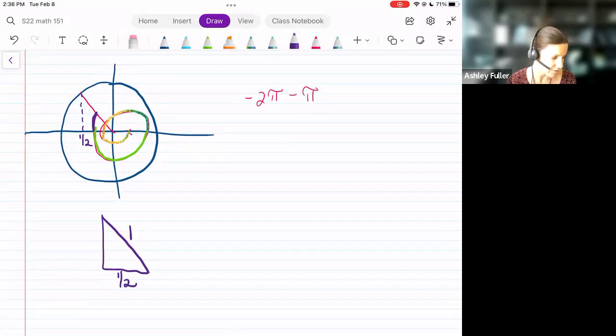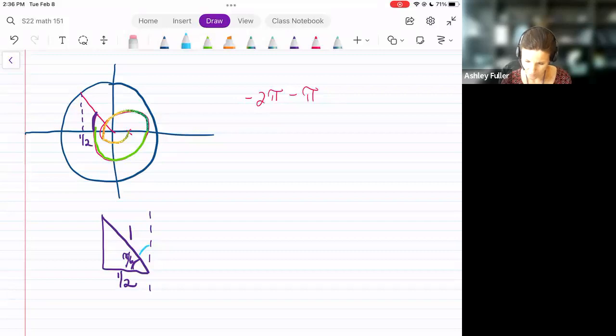And remember from our triangles before that 1 to square root of 3 ratio tells us that this angle that has traversed from here to here is going to be pi over 3, not pi over 6, sorry.